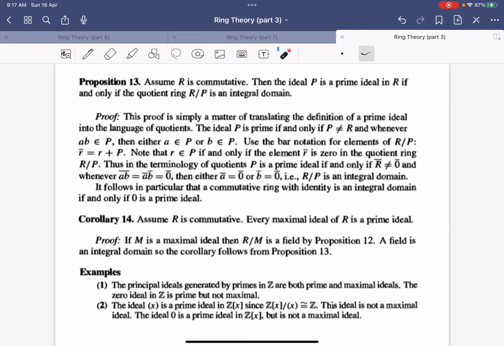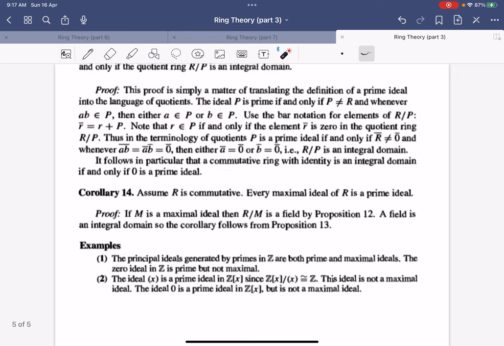And so the proof is simply a matter of translating the definition of prime ideal into the language of quotients. We are saying that an ideal is prime if and only if ab is an element of P, then a is an element of P or b is an element of P. And when we take the quotient, it is saying that r is an element of P if and only if the remainder is 0 in the quotient R/P.